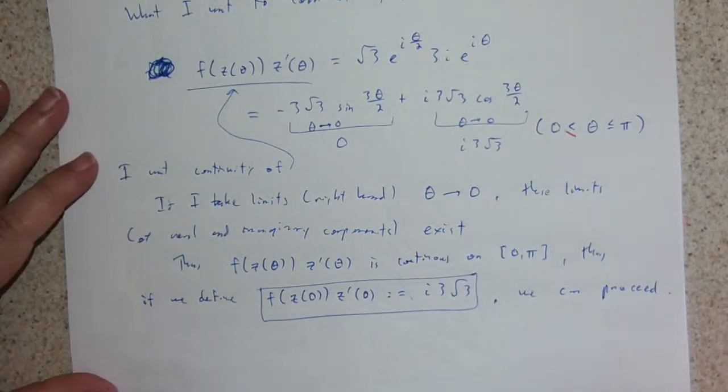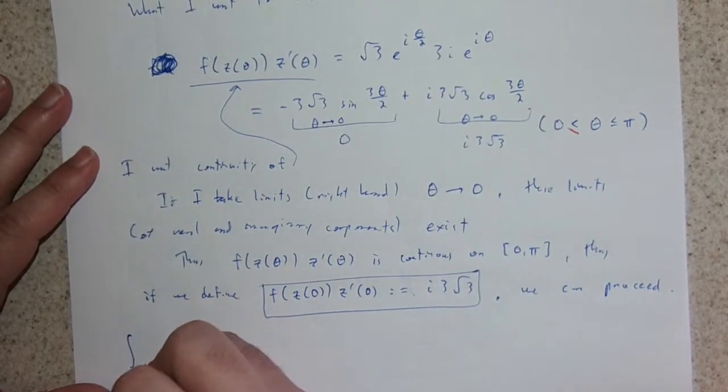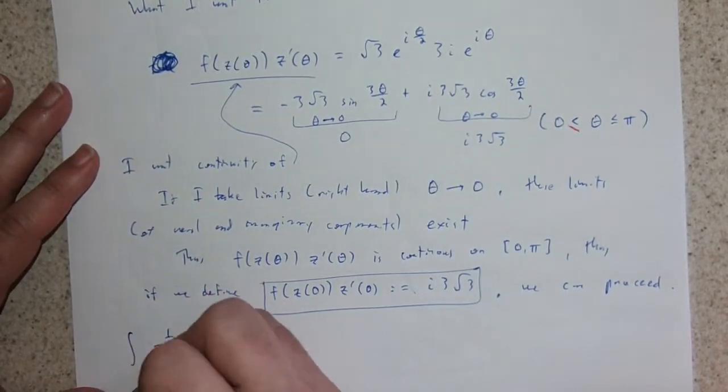So then going back to the original question, what is my integral over c of z to the 1/2 dz?